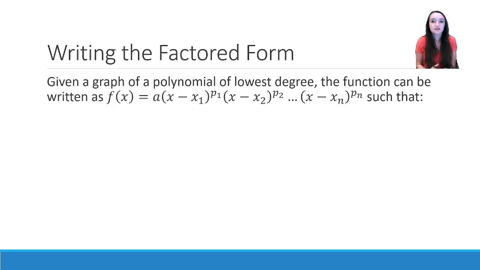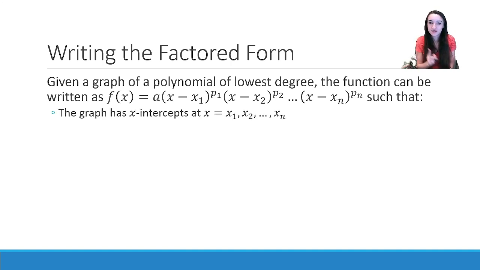Now finally, the last thing we're going to talk about is writing something in factored form. If we are given a graph of a polynomial of lowest degree, which basically means the lowest thing it can be for what characteristics it has, so there's not something tricky going on, the function can be written as f of x equals a times (x minus x1) to the power of p1, times (x minus x2) to the power of p2, and so on down to (x minus xn) to the power of pn, such that the graph has all of these x-intercepts, x1, x2, through xn.